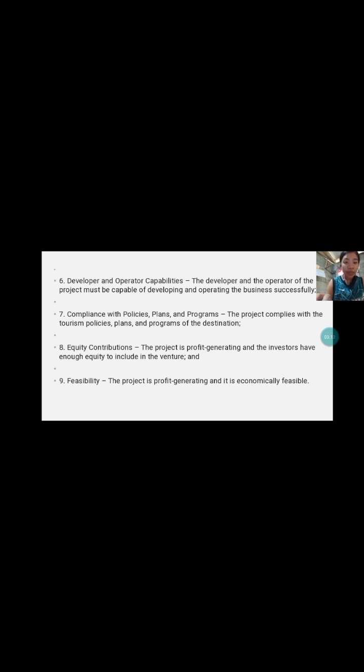Another one is the equity contributions. Here, we need to check if it is profit generating, so the investors have enough equity to include in the venture. And lastly is the feasibility. Here, we need to check if the project is generating income and is economically beneficial.